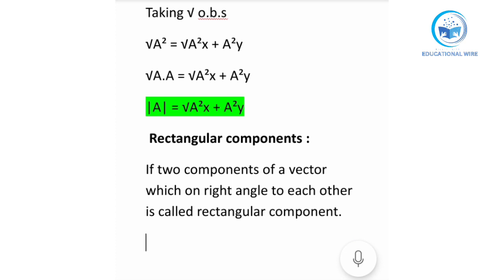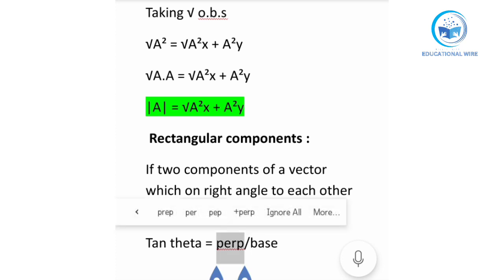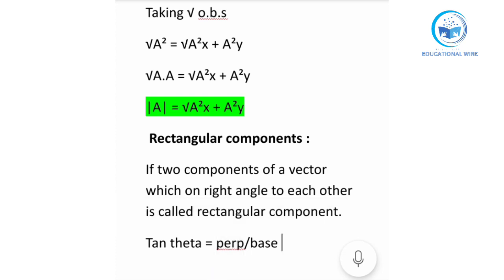So we write over here tan theta, actually I don't have a sign of theta, so I am writing it in just this position, tan theta is equal to perpendicular upon base.